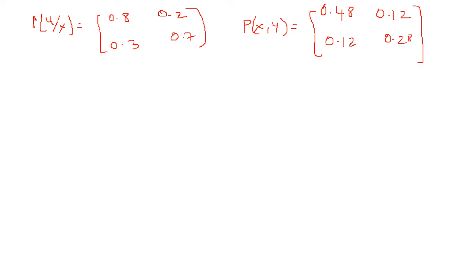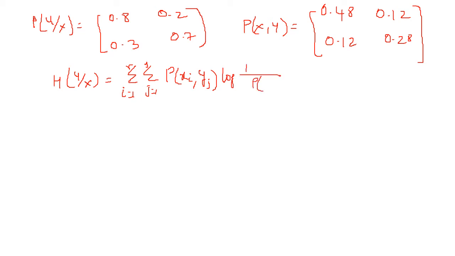So now we know these two elements, and H(Y/X) is nothing but, by the formula, the double summation, i varying from 1 to r, j varying from 1 to s, P(xi, yj) into log of 1 by P(yj/xi). So this joint probability is going to be a scalar quantity, and then the log of your conditional probability.